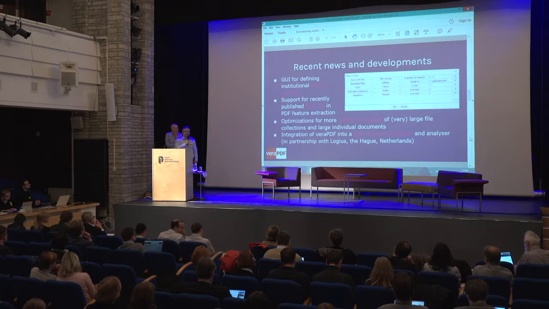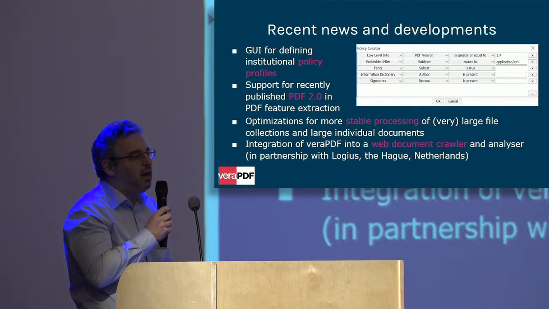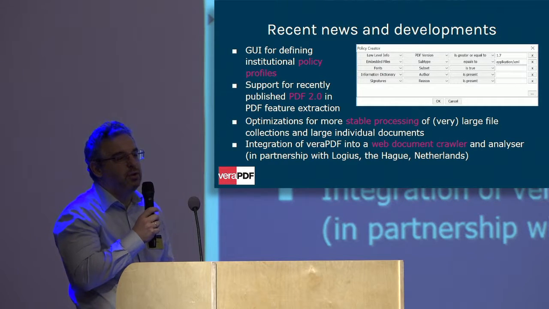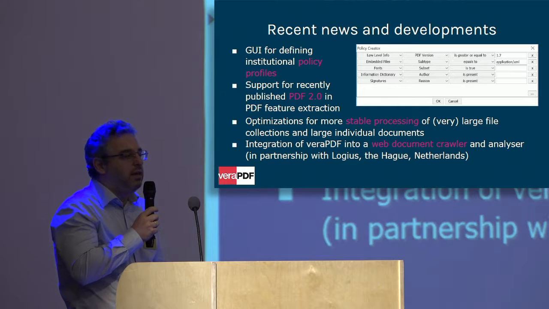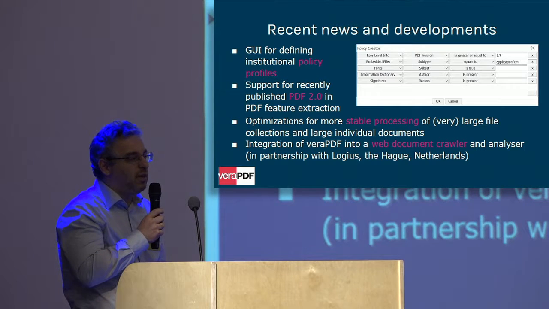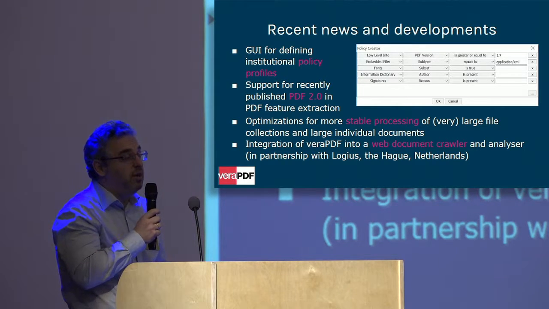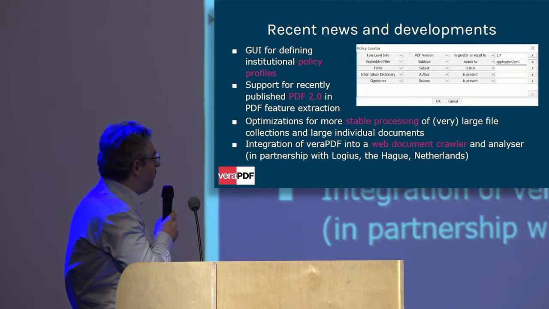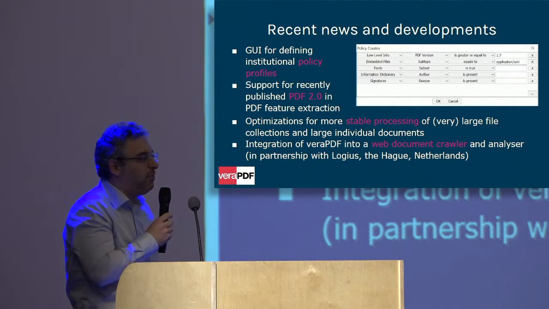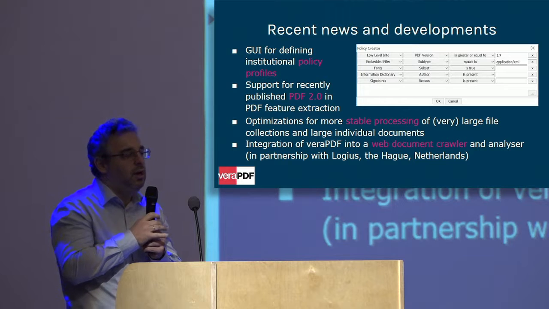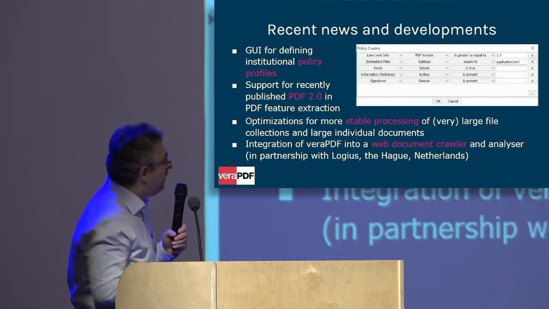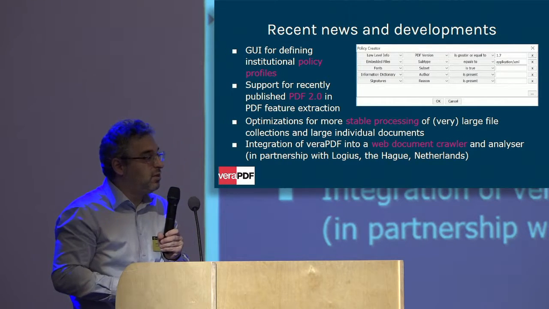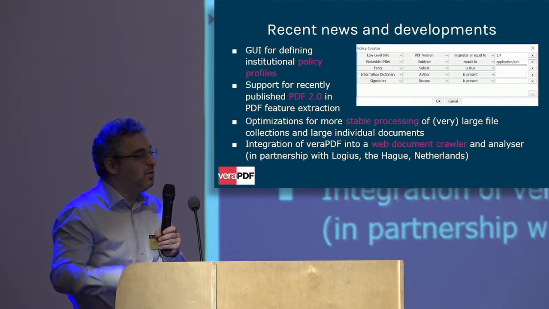So the tool crawls for all PDF documents on a given domain and verifies whether they satisfy PDFA requirements or not. This is just a short summary of things that are going on now. The main aim of this slide is to demonstrate that even if you are close to the end of the Performer project, the development is very much active.